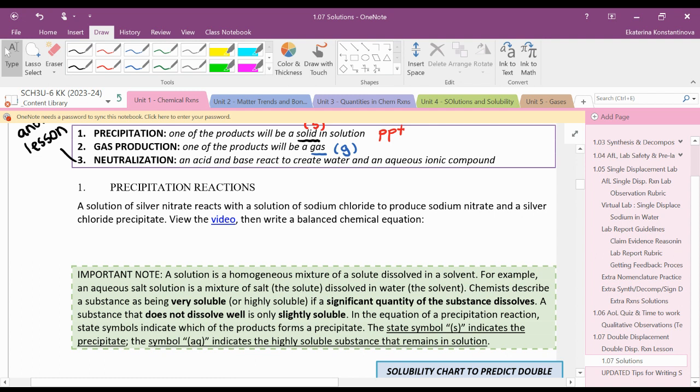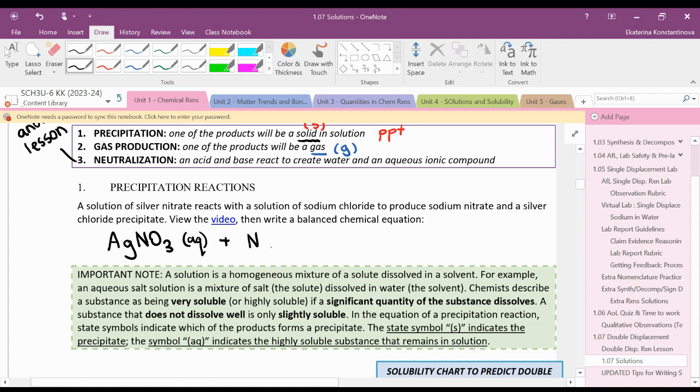So for silver nitrate, that is AgNO3. You should have seen in this video that nitrate, when combined with silver, is aqueous. It is in solution. Then you have a solution of sodium chloride.